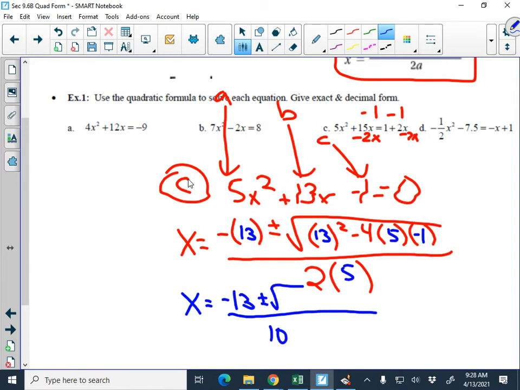Figure out what's under the square root sign. I think it's 189, but I'm going to let you check.